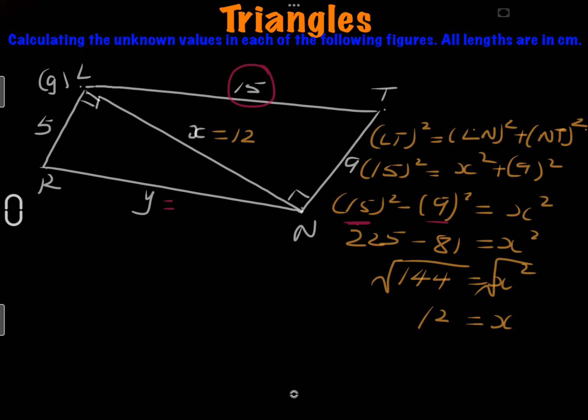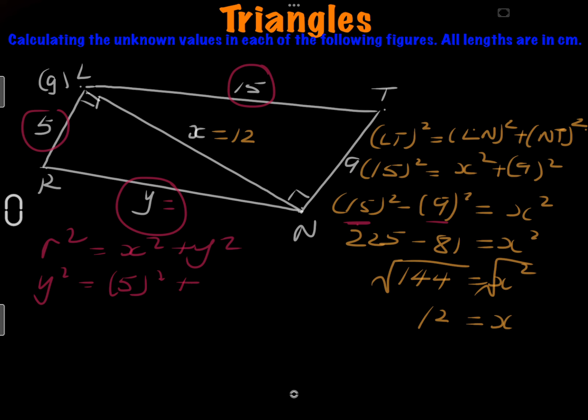Since we can start with the original version of our Pythagoras theorem, we can simply say r squared is equal to x squared plus y squared. By substitution, r squared is the hypotenuse, in this case our y squared. We call this our y, this y here. It's our hypotenuse. This version of x squared in this case is our 5, this side here, 5 squared, plus y squared in this case is this x, which we found here to be 12.